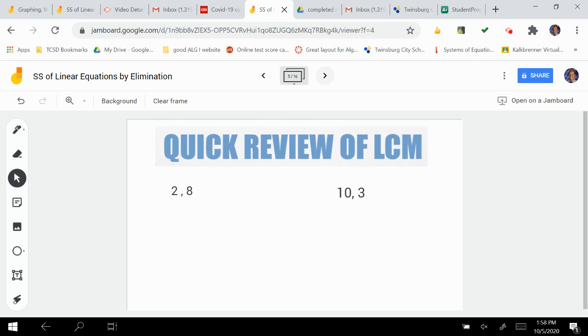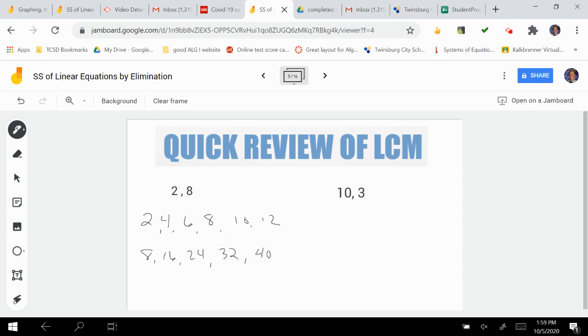LCM, least common multiple. If you recall, that means the smallest number that they have in common. So I'm just going to list the multiples of 2: 2, 4, 6, 8, 10, 12. And for 8, we have 8, 16, 24, 32, 40.